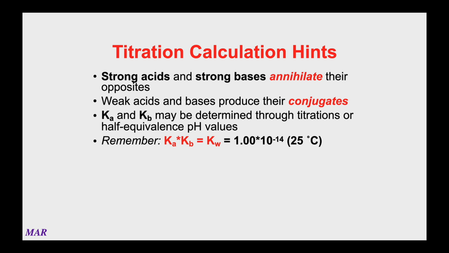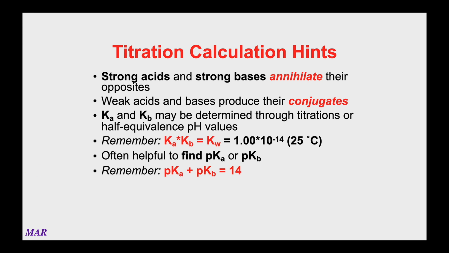If you do research with acids and bases in medicine, you may need to reconfigure because the body is not at 25 degrees Celsius. pKa and pKb can be helpful. Remember, pKa is minus log of Ka, pKb is minus log of Kb. And pKa plus pKb also equals 14 if they're conjugates and you're at 25 degrees Celsius, just like pH plus pOH equals 14.